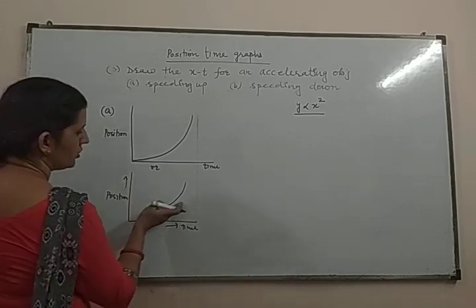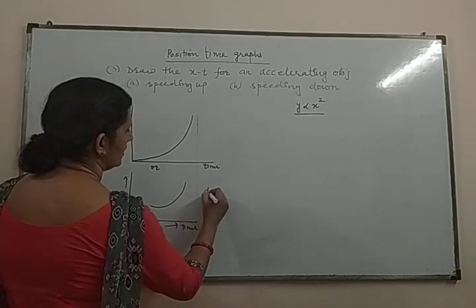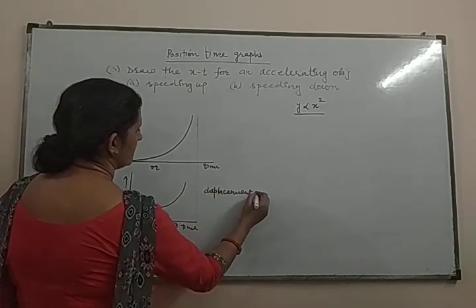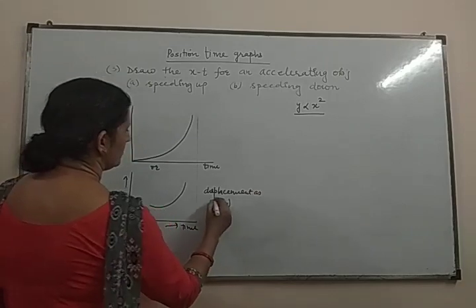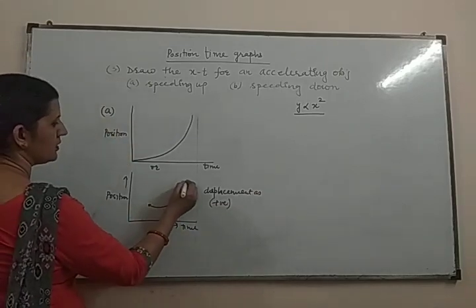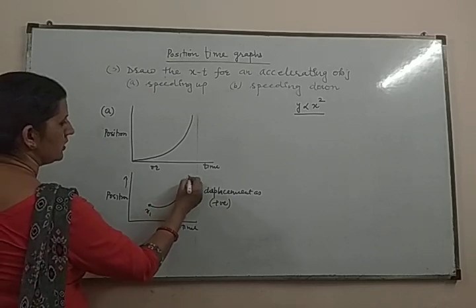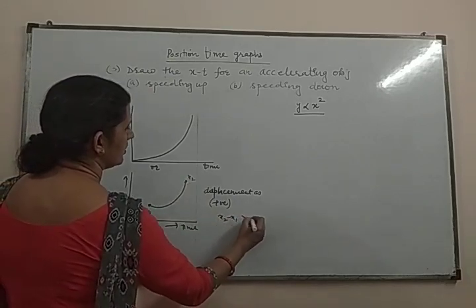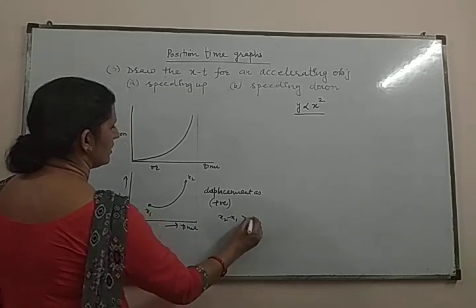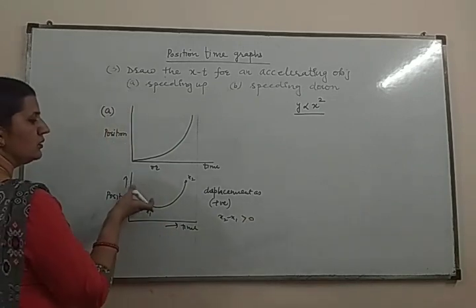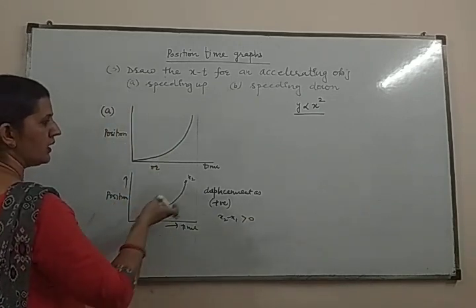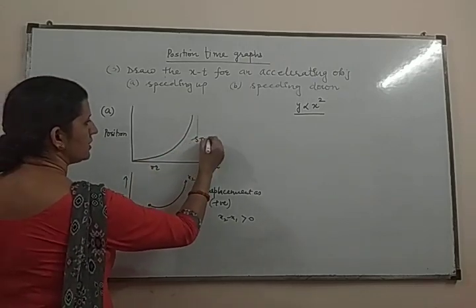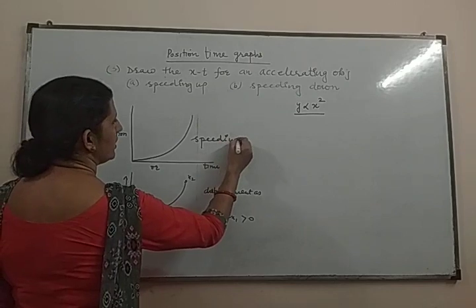This graph is showing the displacement as positive because the initial value is less than the final value. x2 minus x1 is positive, or you can say greater than 0. So the velocity will increase and hence the acceleration will increase, and this is the case of speeding up.